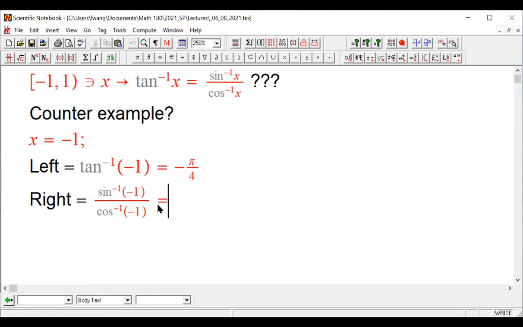What is sine inverse of -1? That's -pi/2, right? Cosine inverse of -1, what would that be? That's pi, isn't it? And when you divide -pi/2 by pi, what do we get? We get -1/2.